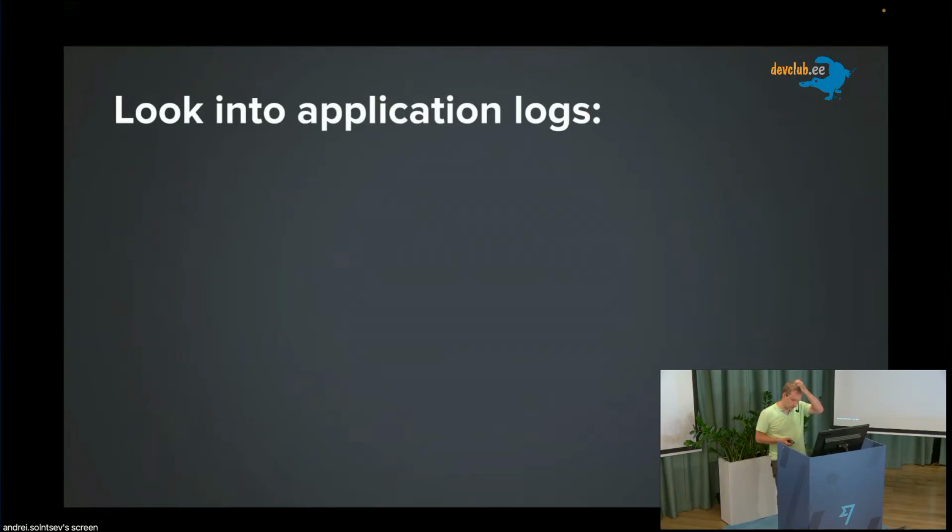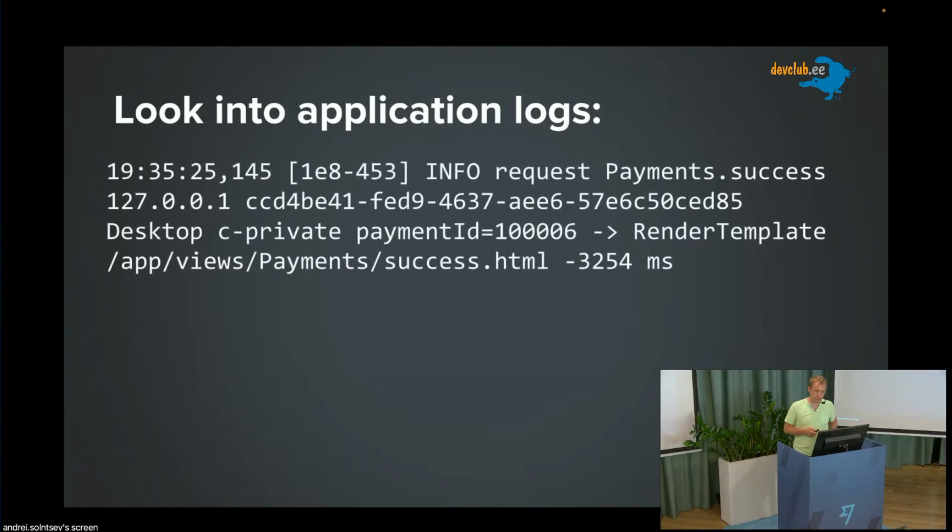The last hope was just to read carefully all the application logs. We started reading application logs during the test run. And at some moment we discovered one strange thing in the logs. This is a request log, which for every incoming HTTP request logs URL, parameters, response, and so on.